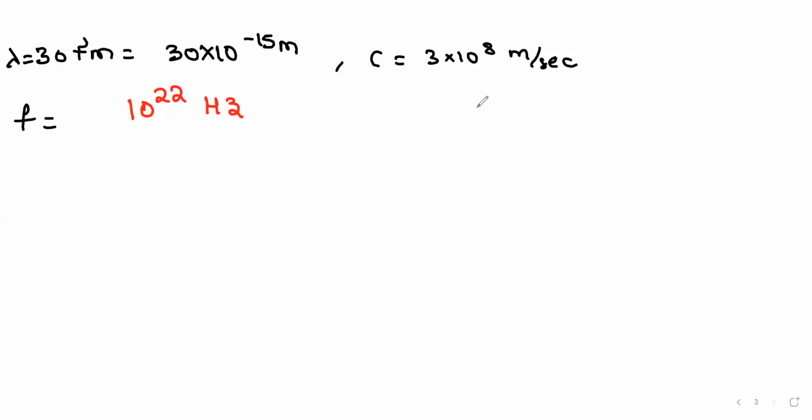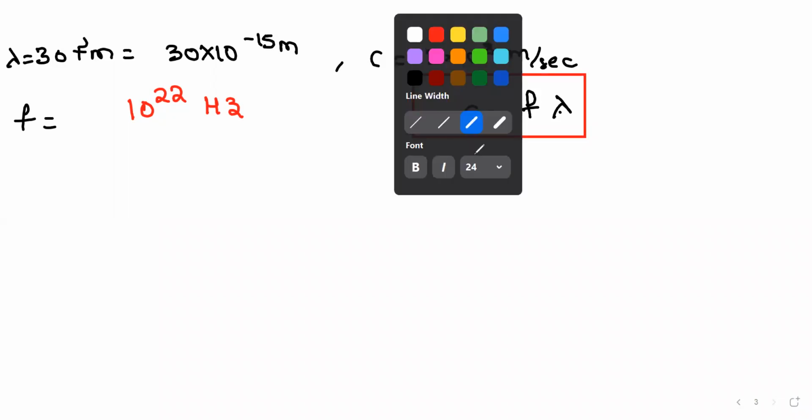So here we have to use the formula. Velocity of an electromagnetic wave is equal to frequency into wavelength.